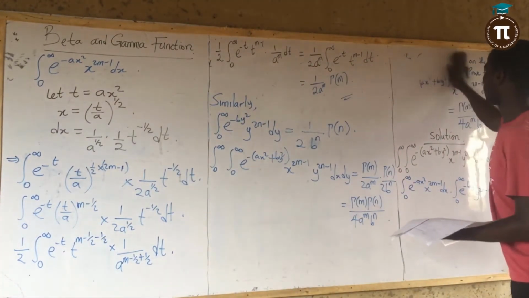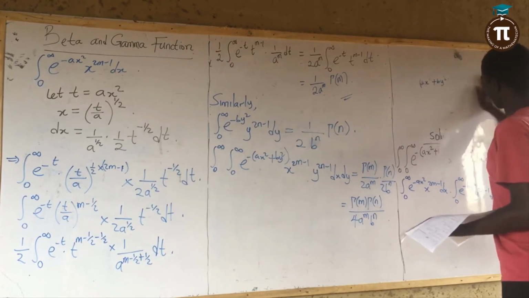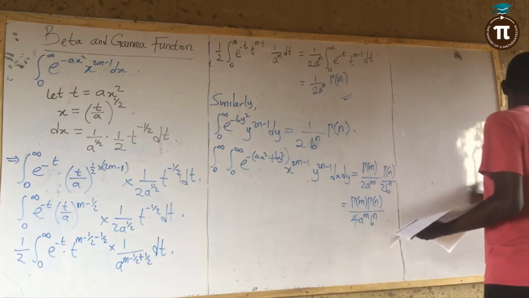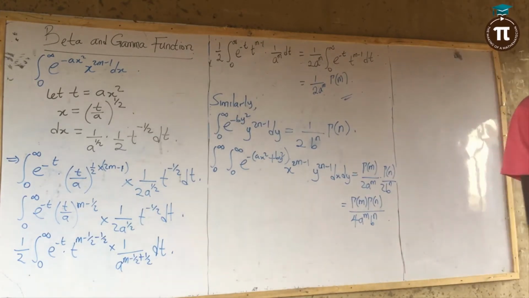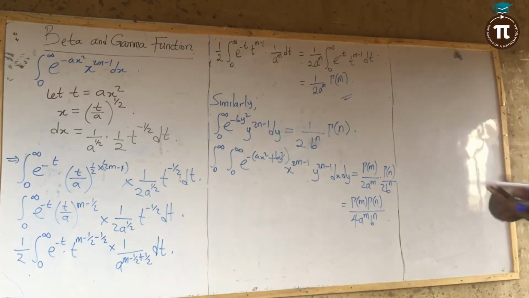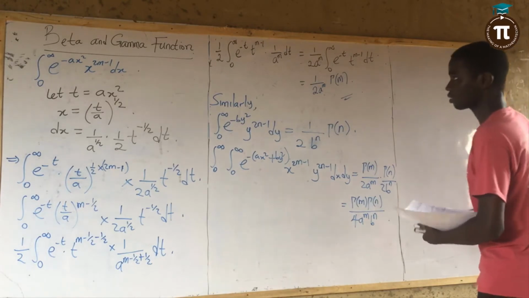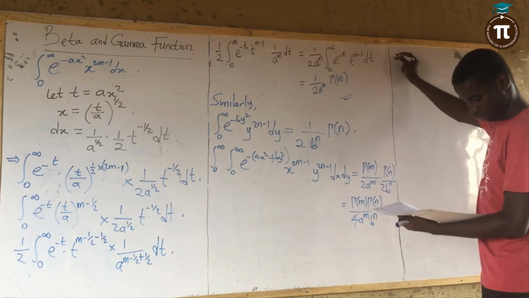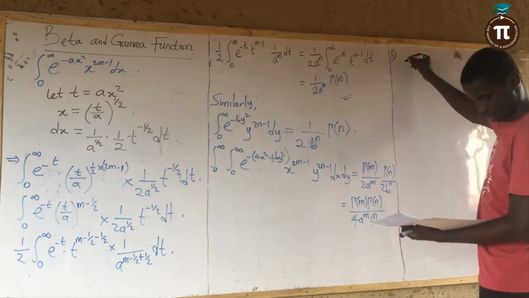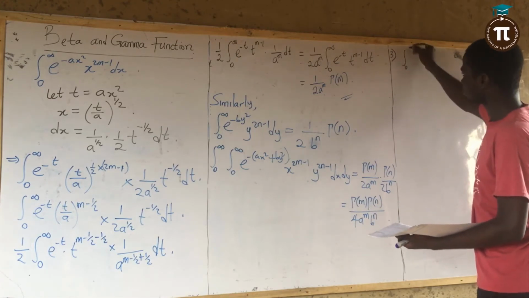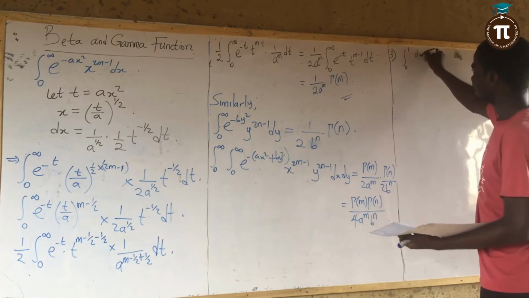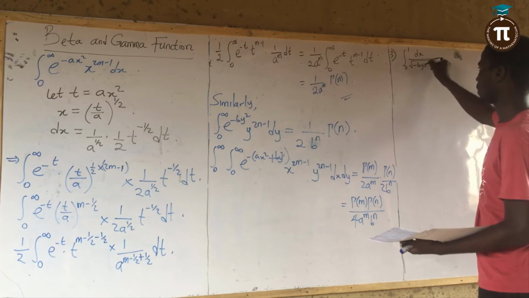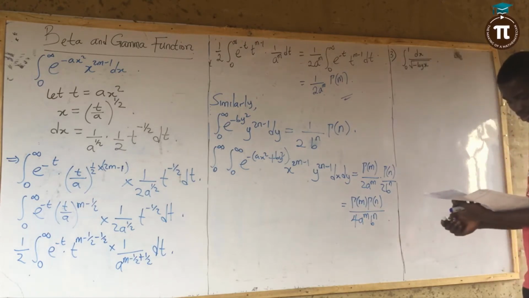So the next thing, number 3, we want to solve this one. Integrate from 0 to 1 of dx over square root of minus log x.